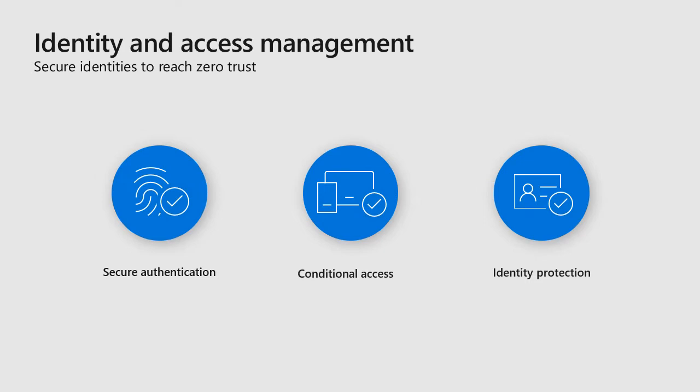Azure Active Directory can provide secure authentication, whether it's multi-factor authentication using your mobile phone, or any biometric scanning or biometric authentication mechanisms through hundreds of our partners. It also provides conditional access and identity protection as well.